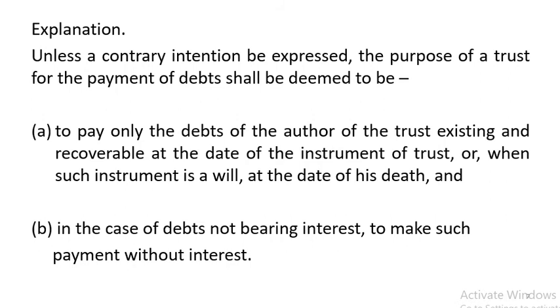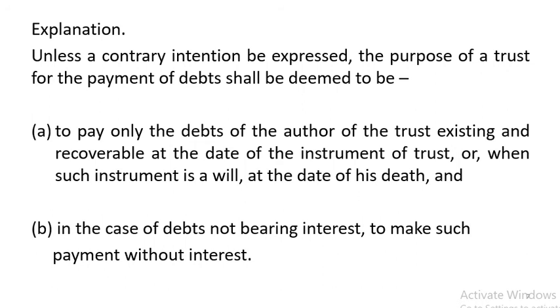Then in principle, the trustee should not deviate. Even the court will not allow deviation. But there are some special situations in which even the court can grant permission to deviate if it is beneficial to the trust.